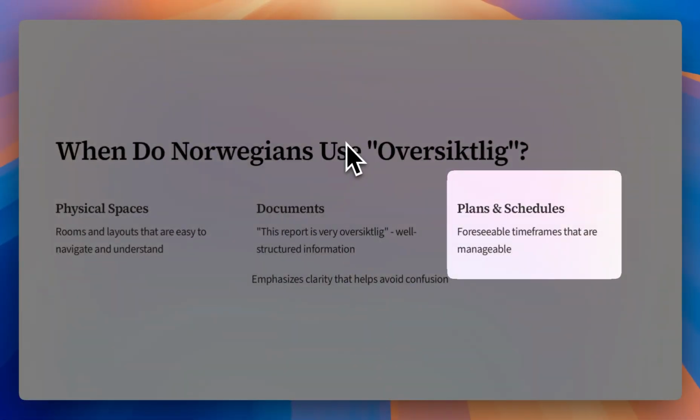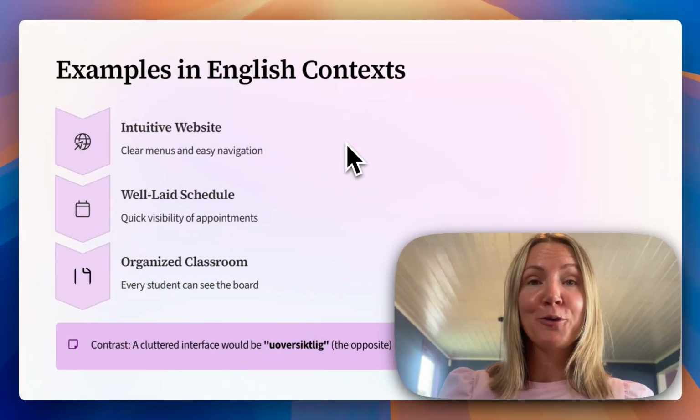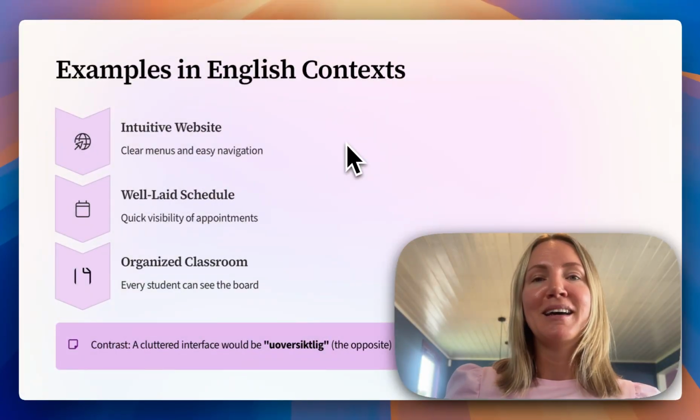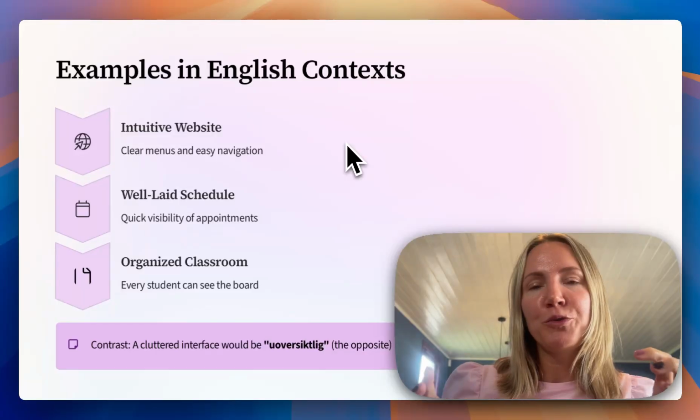We also use it for plans and schedules, so if your work schedule is oversiktlig, it means it's easy to understand when you're working, how long, on what days. I use it a lot for work. We're building this platform for travel guides, and the way I wanted to use oversiktlig is also for user-friendly.